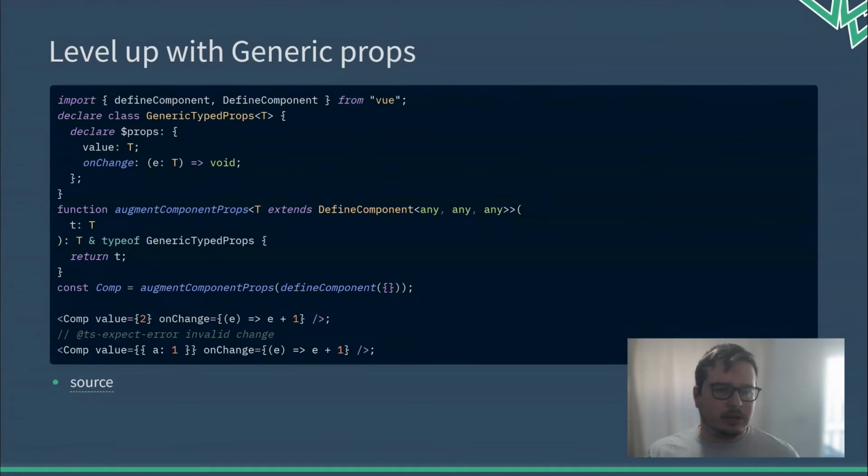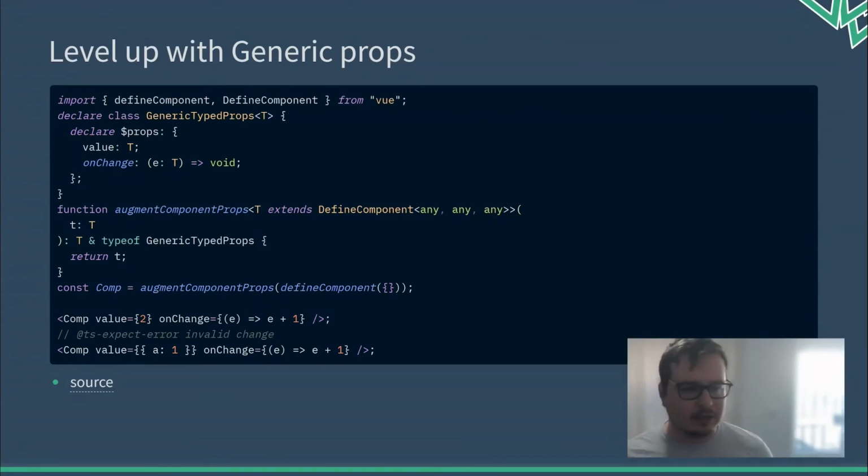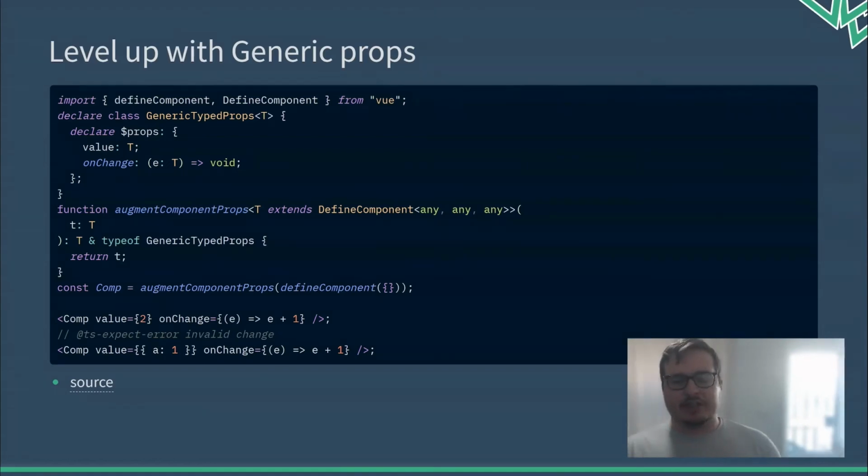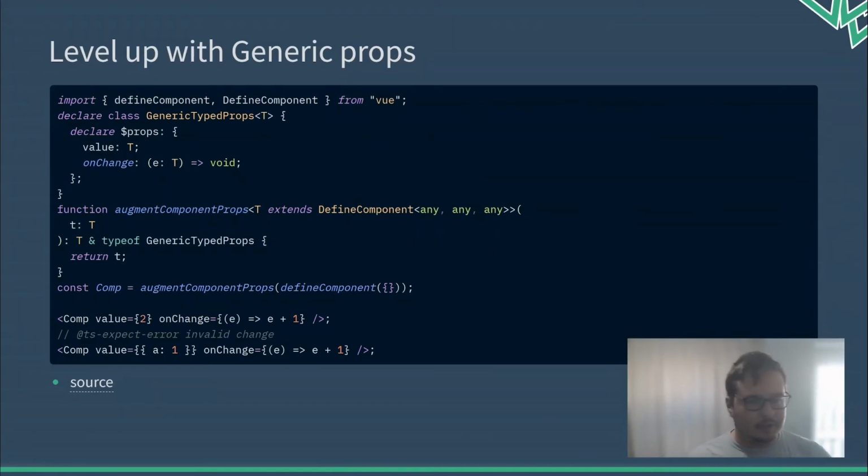And in Vue, it's already declared that the TSX props are inferred with $props. So we need to create a class, and we just return props, and then we have properties there. And this can be generic.